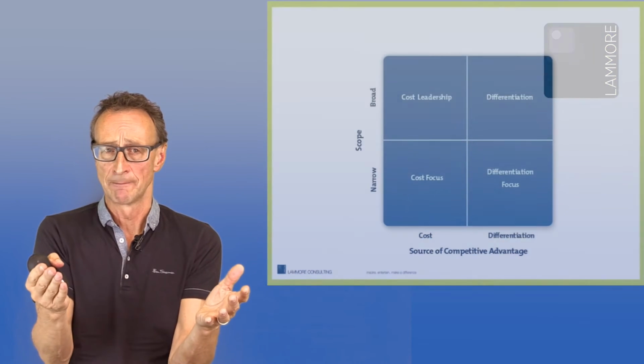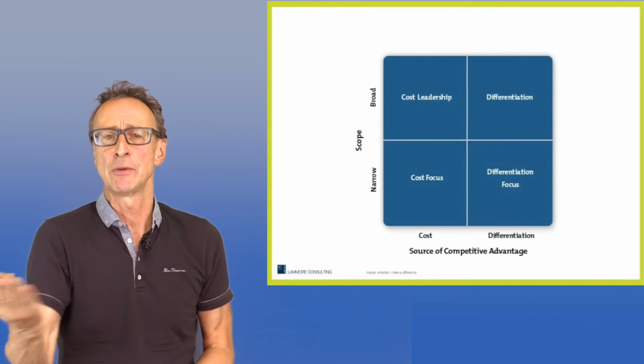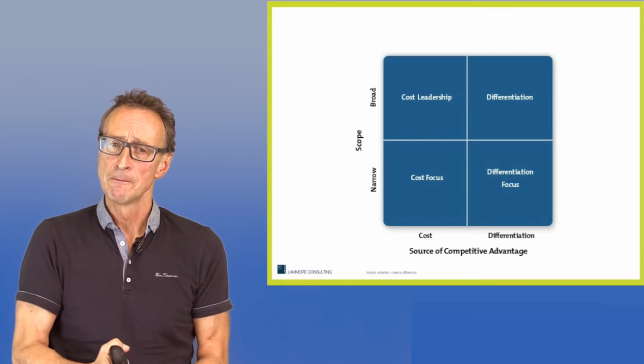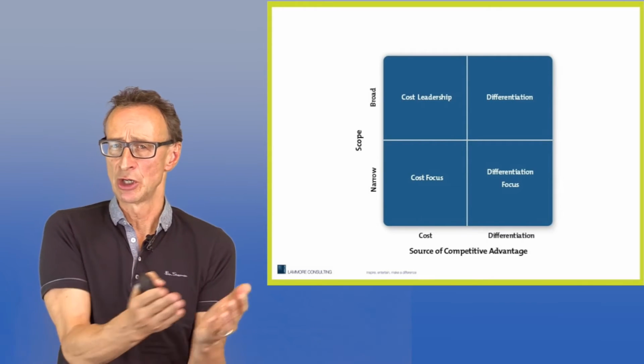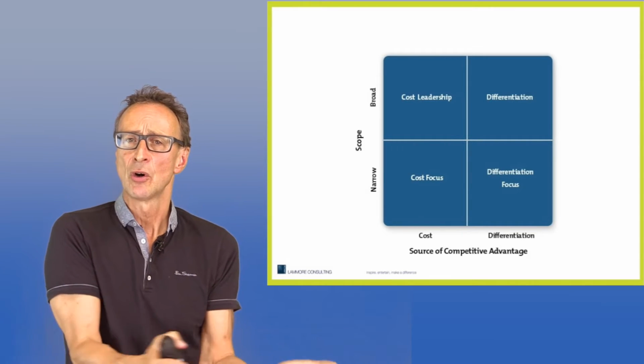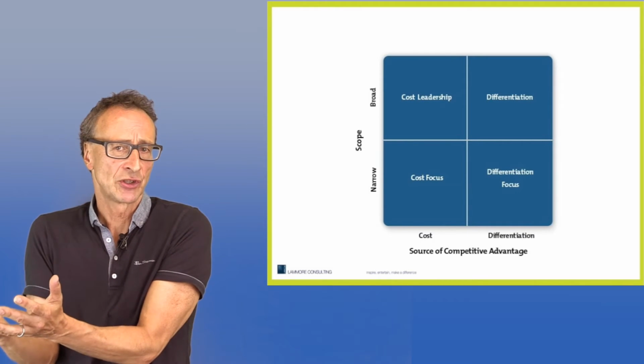So the purpose of Learning Outcome 3 is to understand your own organization's unique business value. So let me ask you the questions. Where are you here? Do you target everybody? If so, it would indicate that the scope is broad. So what are you? Are you a cost leader or are you differentiation?